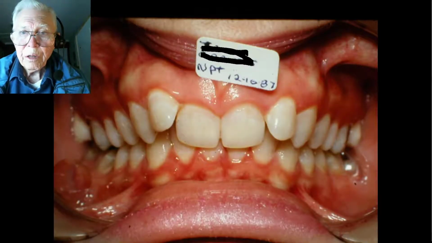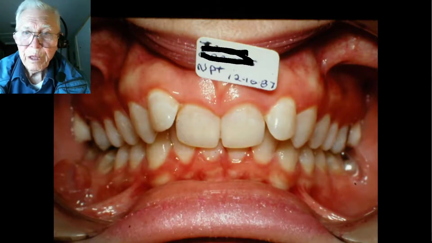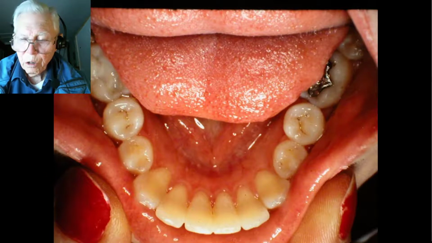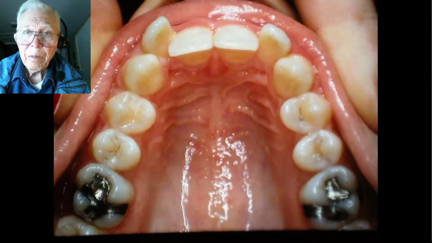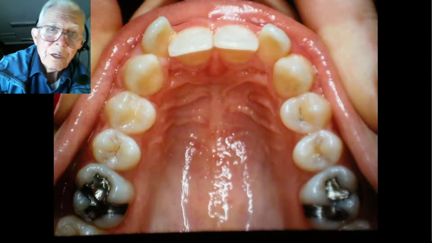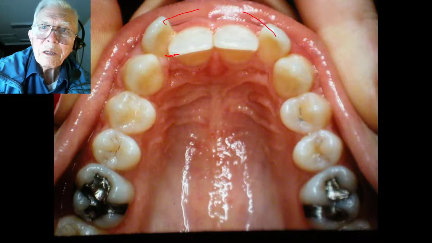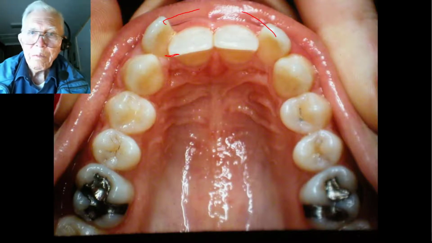Okay, here it is, looking at it from the front again, and there it is from the side. The jaw was trapped back, and that's the distance this tooth is from out here, and we're going to bring these out here like that.